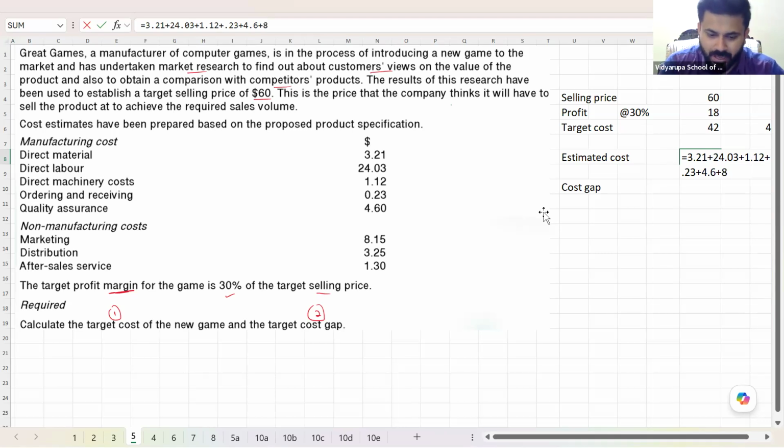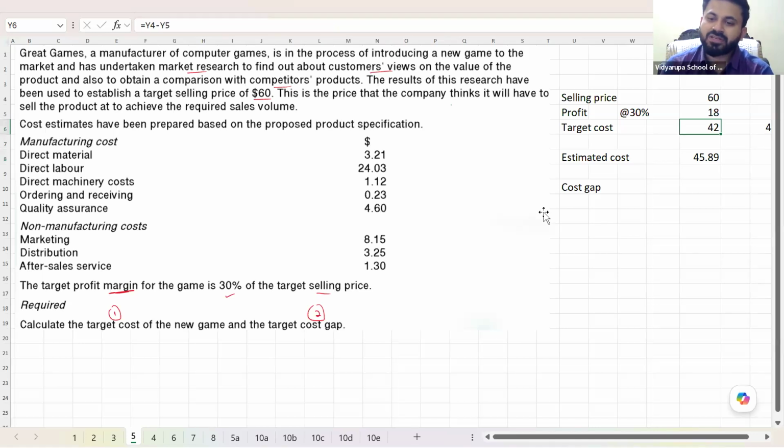We'll also take that: 8.15 plus 3.25, because production and non-production cost will be considered if given, plus 1.3. So the current estimated cost, based on the specification, is 45.89.